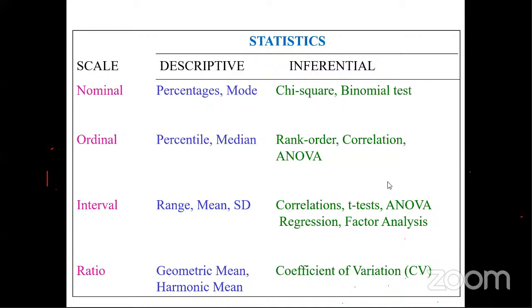For this, I'll be giving you very much clarity, or Anshul Agarwal also will be explaining how it comes. I'll be giving you base ideas how this comes into the picture, and how one can use different tools. For ratio scales, geometric mean and harmonic mean, that also we touch.